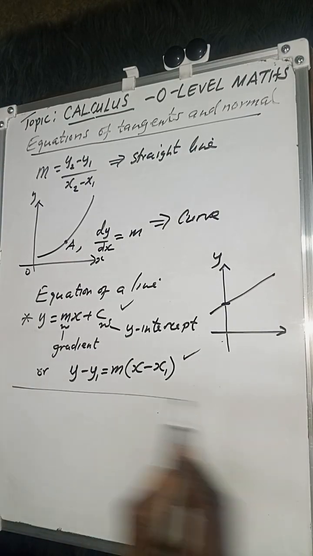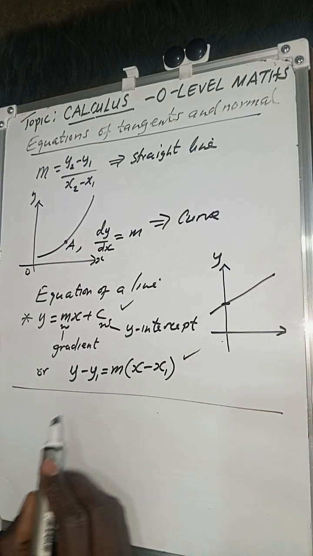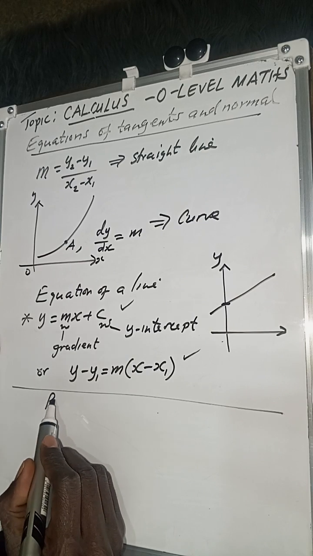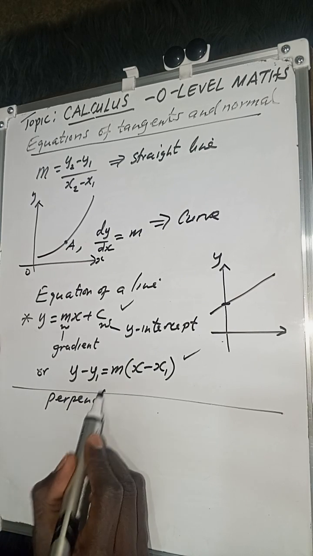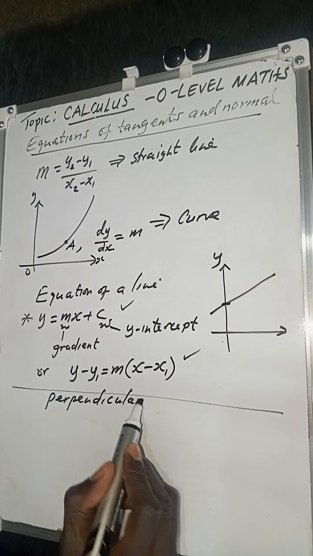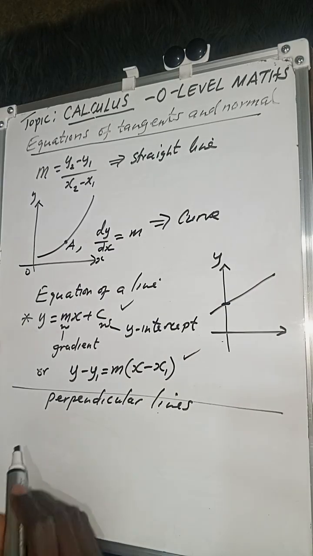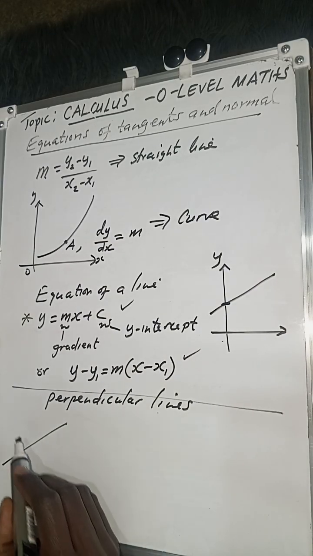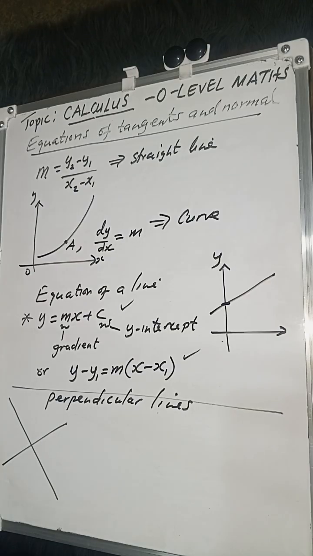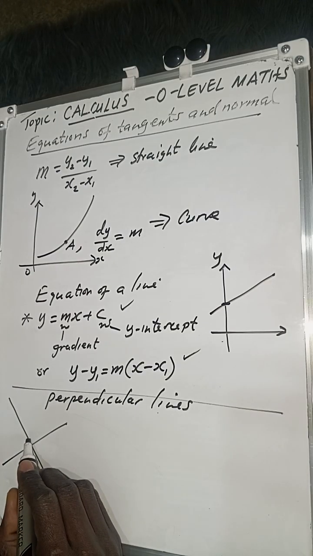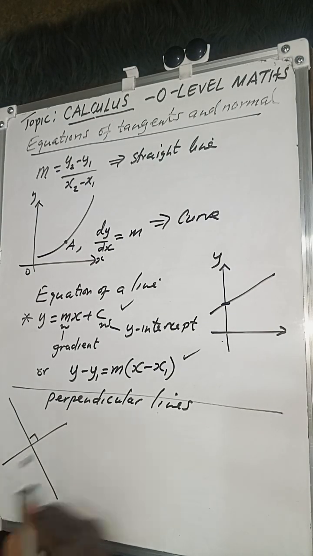All right, we did teach you under coordinate geometry about perpendicular lines. If you have a line sloping in one direction and another line sloping in another direction, meeting at 90 degrees, they are perpendicular.